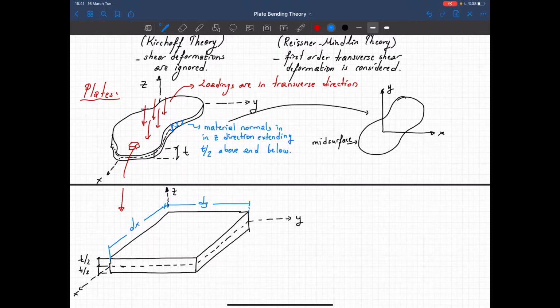Now let's show the stresses. Sorry, erase that, that's small and difficult to draw. I can have bending stresses in the x direction on the x face, so in linear variation.